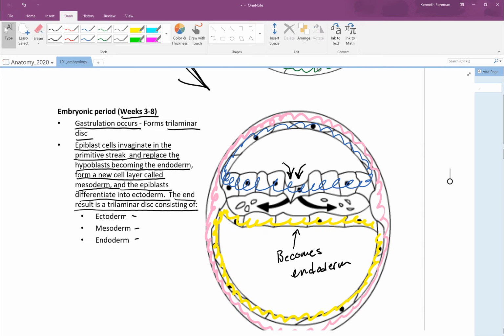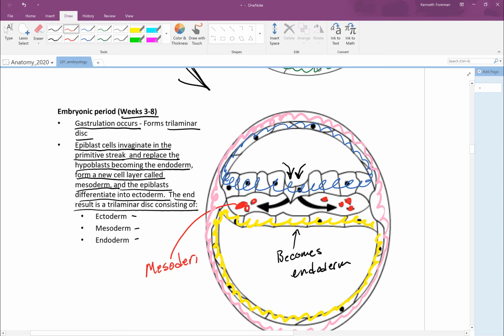And then as we continue on, they form a new cell layer called the mesoderm, which will be here in red. So the epiblasts, again, invaginate in, replace the hypoblast to become the endoderm. Here they develop a layer between the epiblast and the hypoblast endoderm layer, and this is called mesoderm.